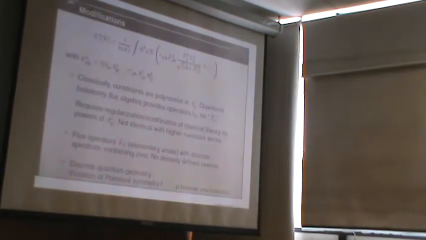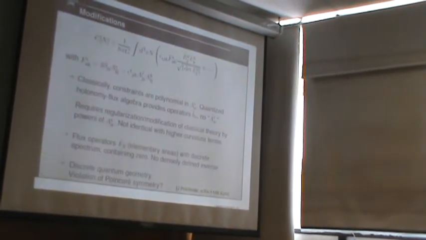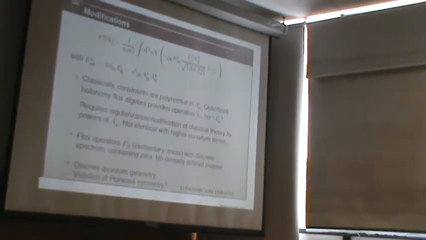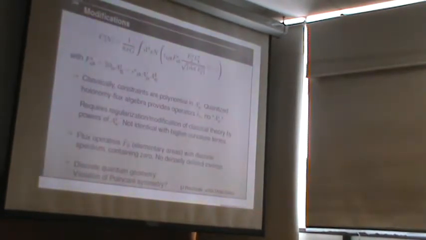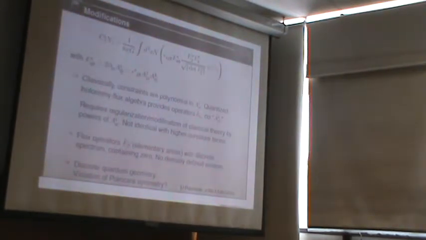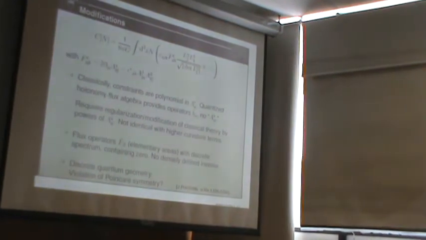So if you just modify these expressions and don't analyze covariance, then basically anything can happen. So we shouldn't really be too proud of finiteness statements, for instance, unless we can show that well-defined covariance and other consistency conditions are satisfied. And that's still an open question for loop quantum gravity.